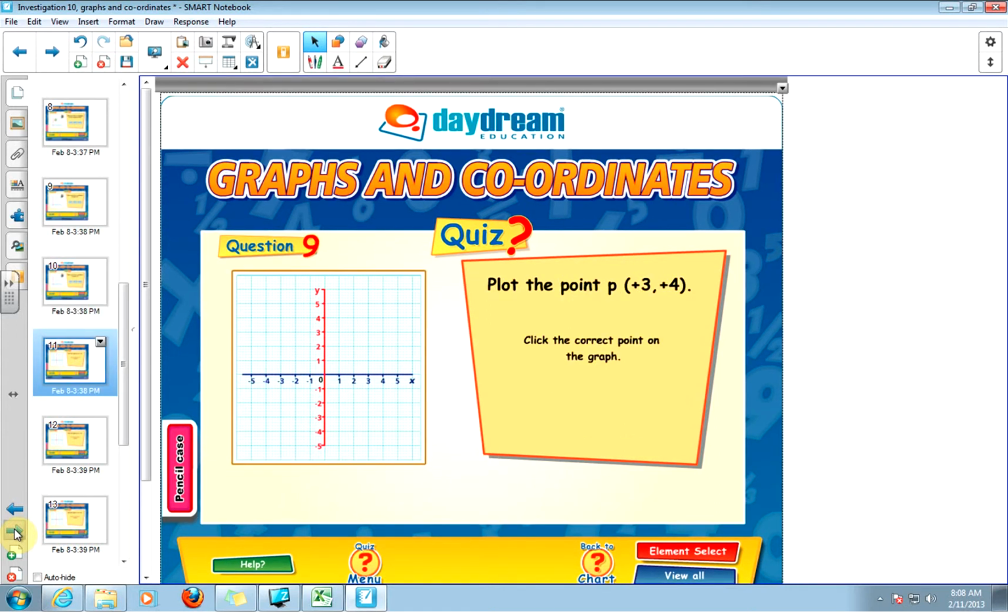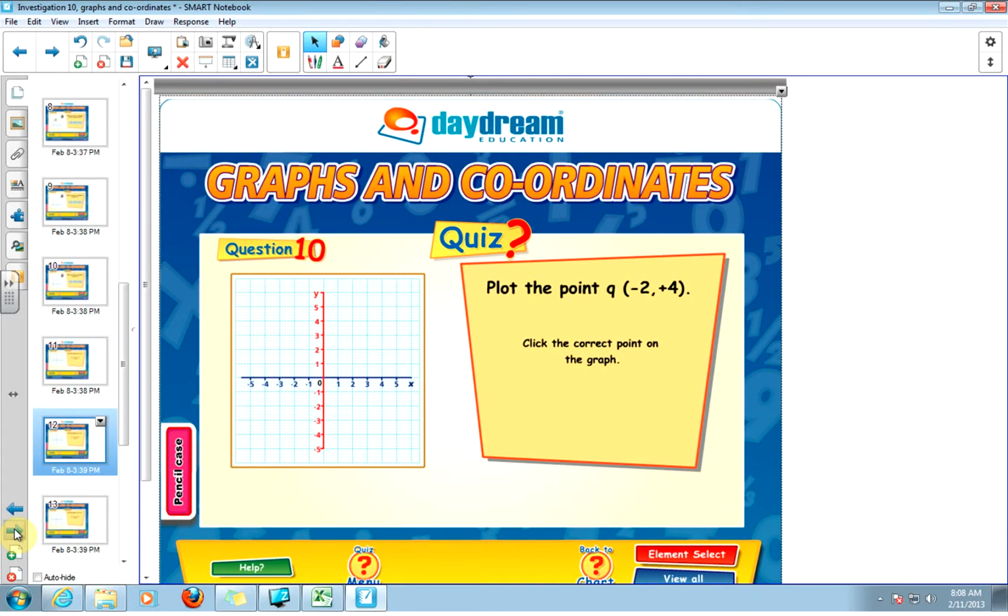Question 9. Plot point P. The coordinates are 3, 4. Question 10. Plot the point Q. Coordinates are -2, 4.